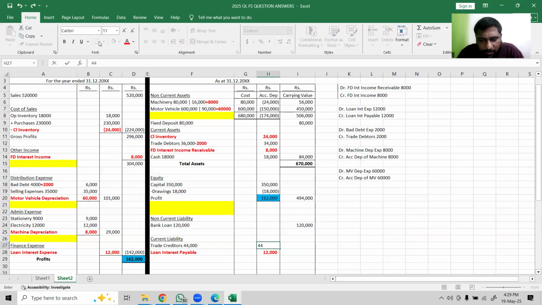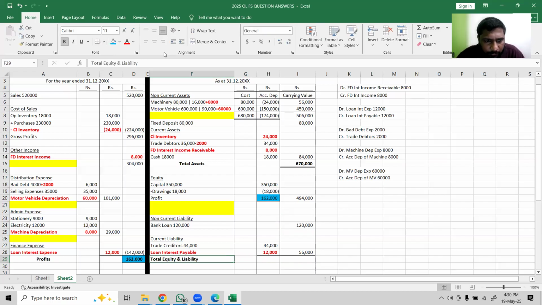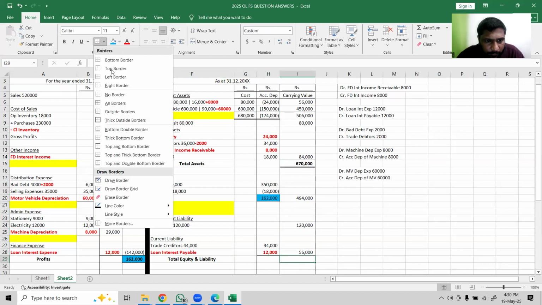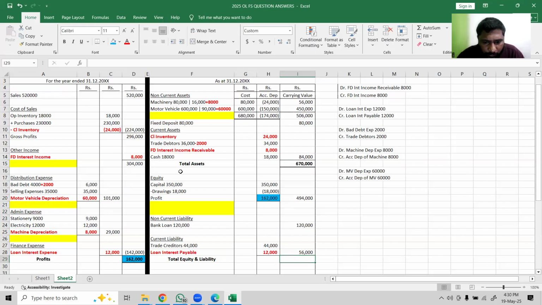Trade creditors 44, 56. Total equity and liability. Finish the question.